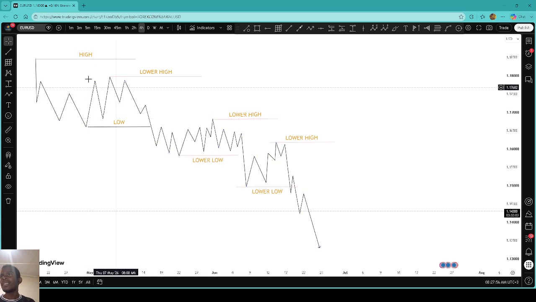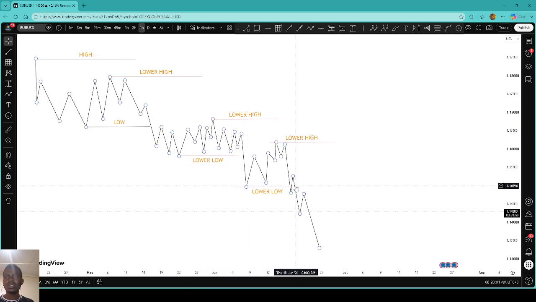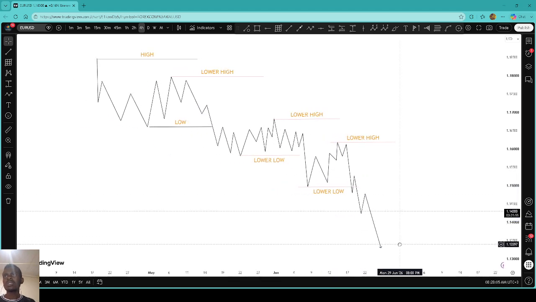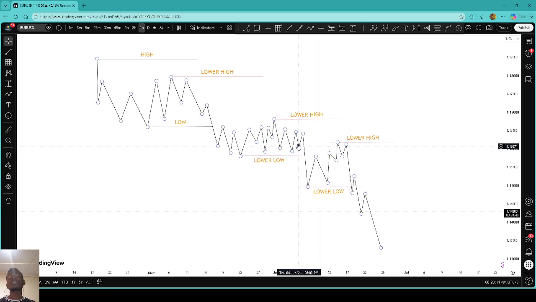So these inside here are just stories. Are we together? They are stories that the market tells. The market does not move in a straight line.